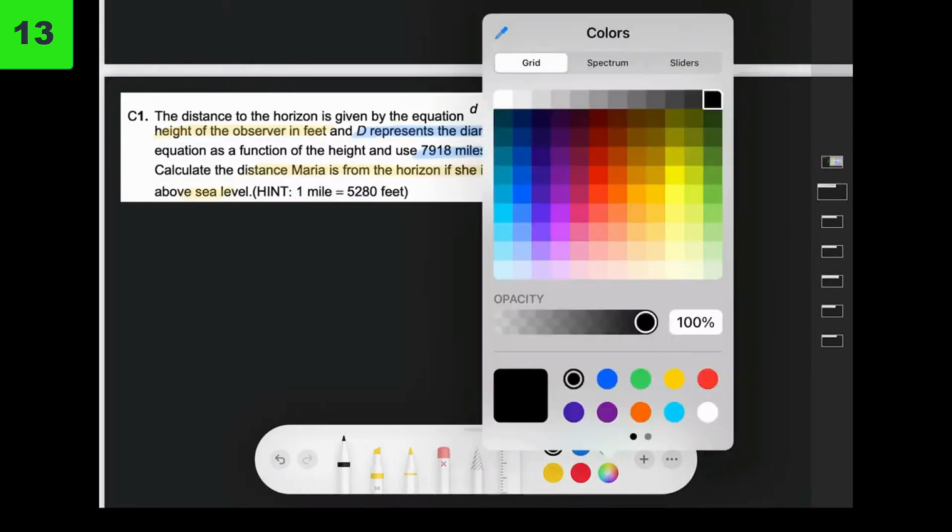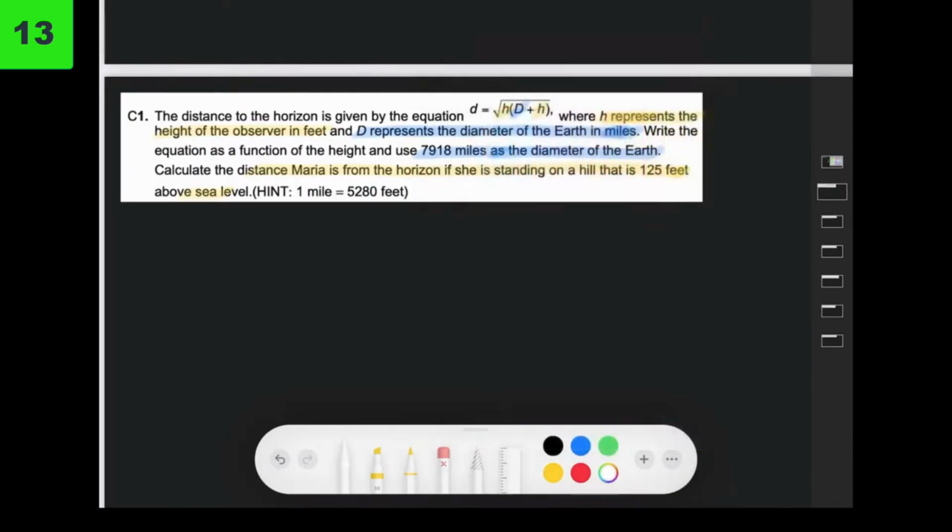So let's go ahead and just rewrite the formula here. d equals the square root of h times d plus h. Okay, so calculate the distance Maria is.